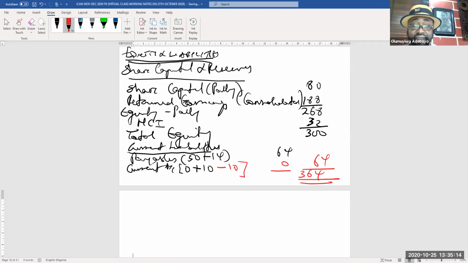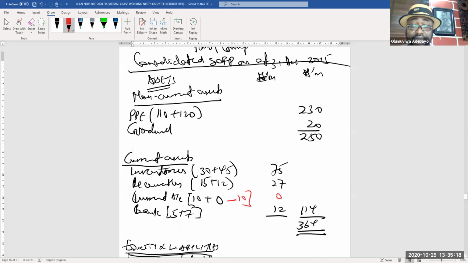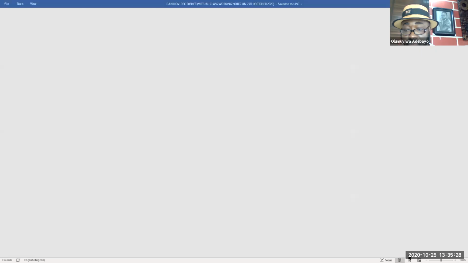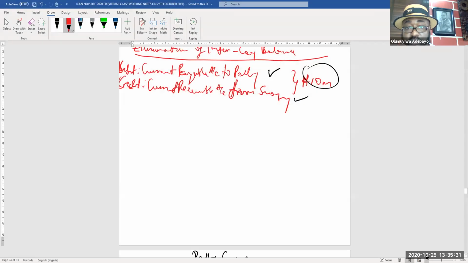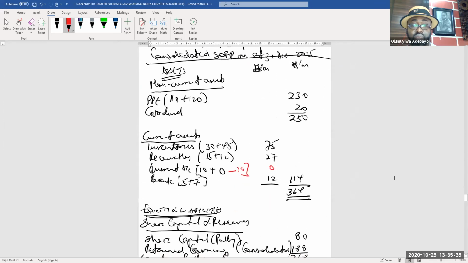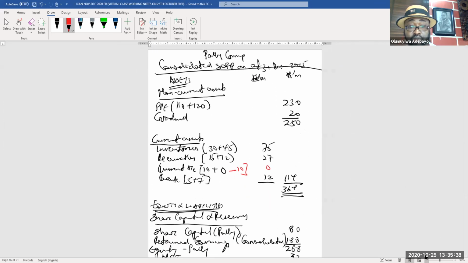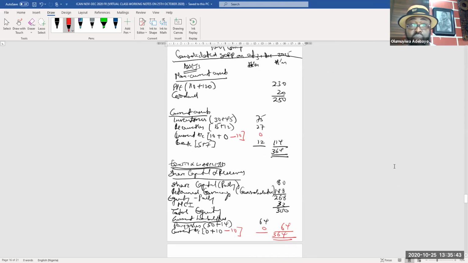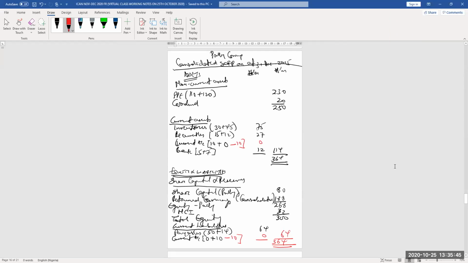Now, what you find out here is that eventually we have knocked out the asset against the liability. Let me try and reduce it so that you can see it at a glance.